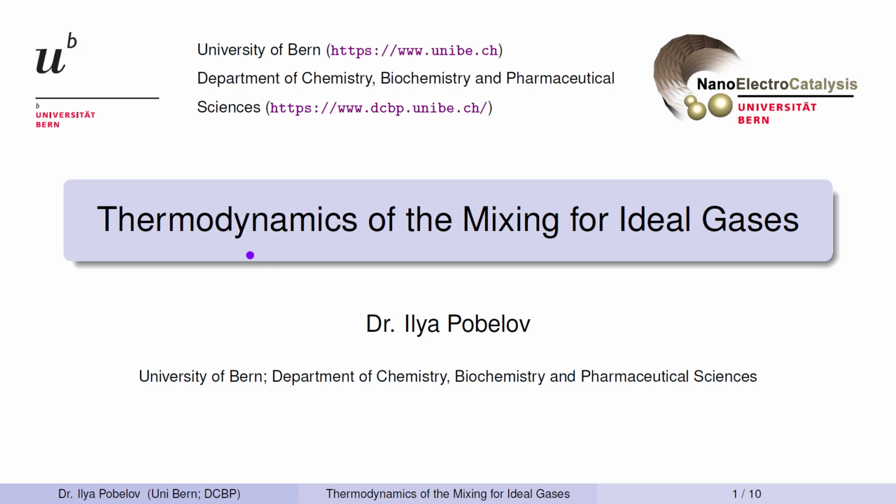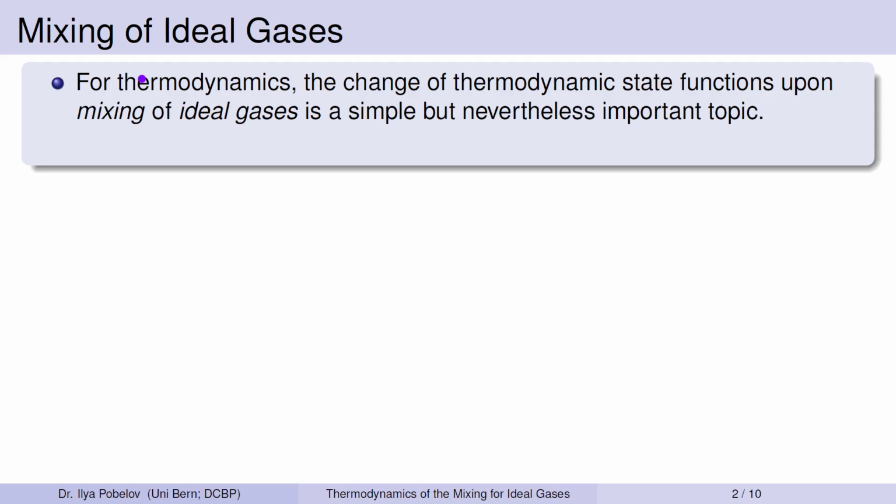In this module, we will explore the changes in thermodynamic state functions associated with the mixing of ideal gases. From the thermodynamic perspective, the change of thermodynamic state functions upon mixing of ideal gases is a simple but nevertheless important topic.